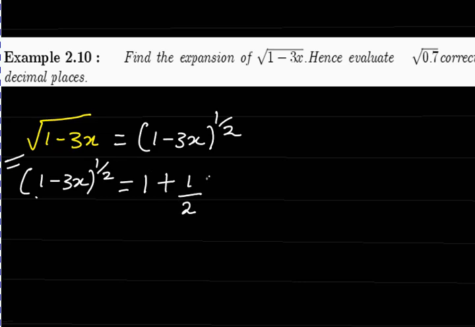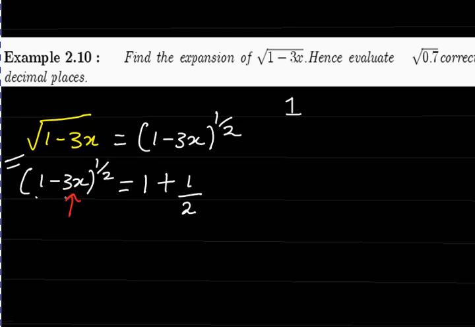Okay, so then 1 raised to the power of n minus 1, the power of 1 reduces by 1, but I don't need to write it because 1 raised to any power is still 1. So I don't even need to write the 1, so I'm only going to focus on this particular term. All right, so let's see what we have.